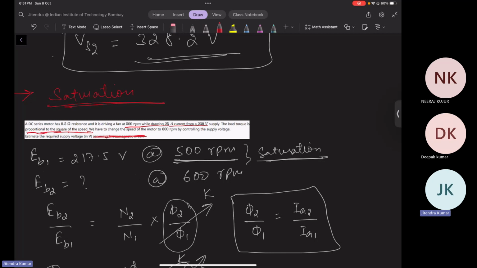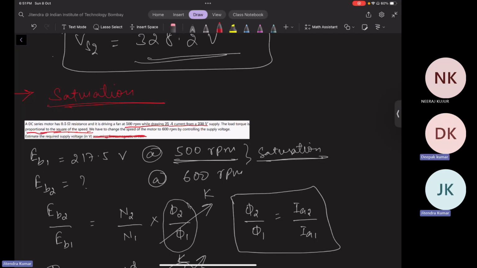Now you are increasing the speed, so what will happen? We have to increase the supply voltage, obviously, because you do not have any control on flux separately.